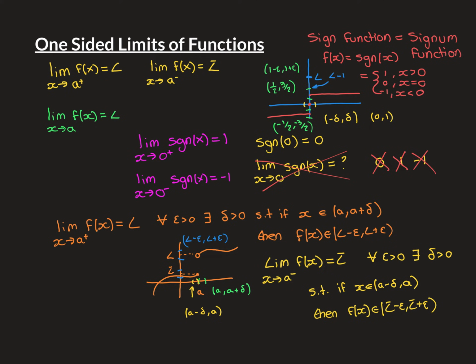So that captures the fact that it gets indefinitely close because it must be true for all epsilon, for all closenesses greater than 0, and also the fact that it stays because everything in this interval all the way tailing into a is mapped into that closeness.